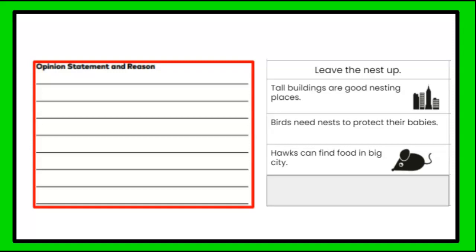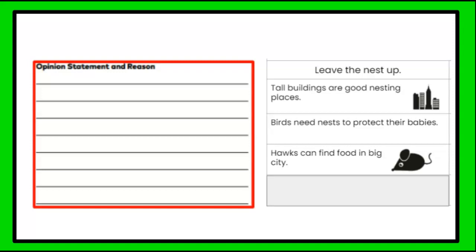I think we should do what? Leave the nest up. And then we need to put the reason. And there is an important word that we use to connect our opinion to our reason. What's that word? Because. Awesome. Yes, because. It's going to be our very important connector word.